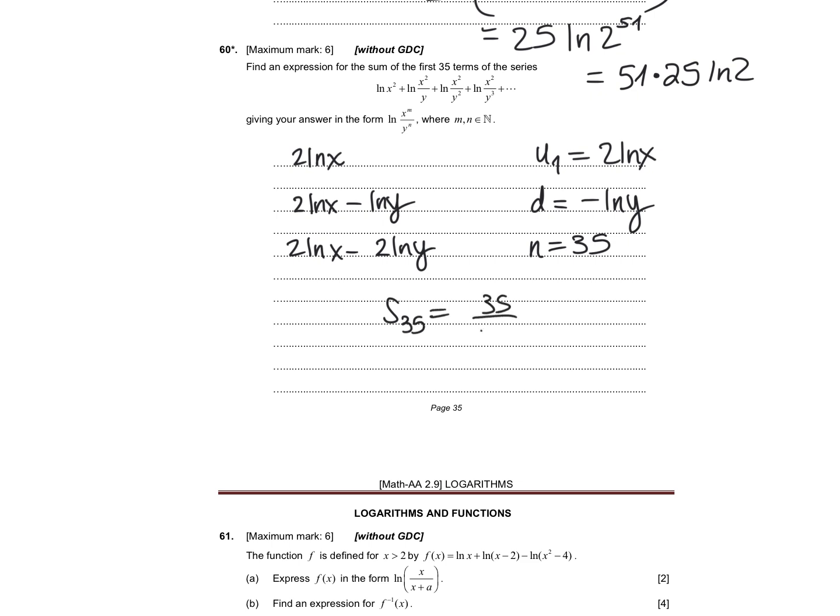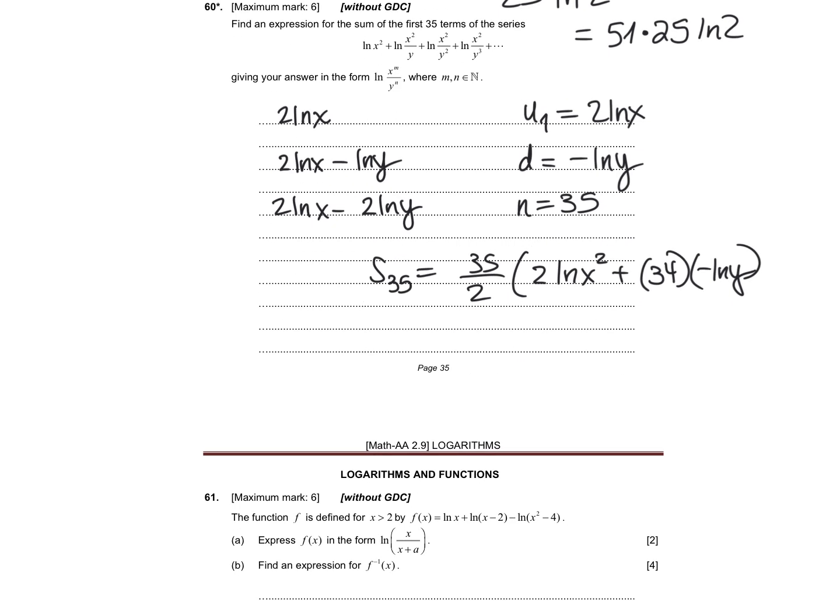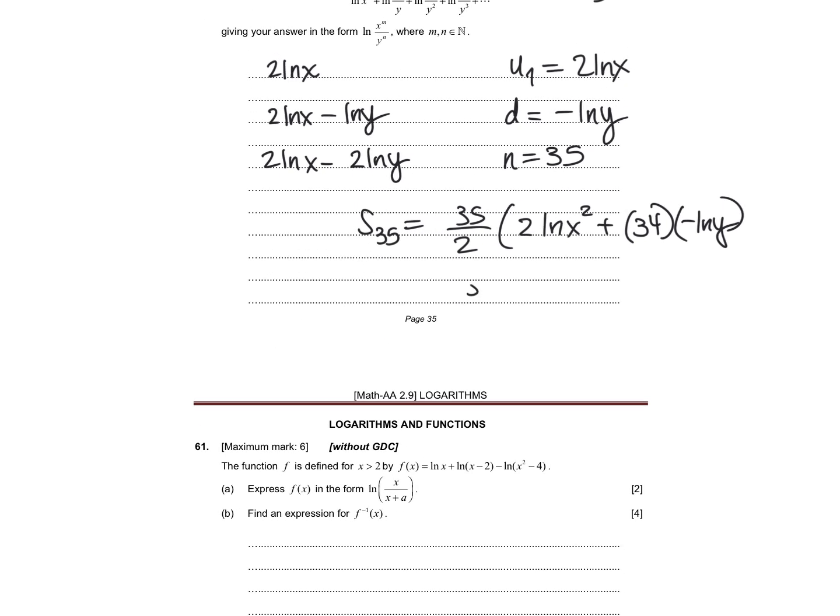35 over 2, 2 u1, I'm going to write it like that, plus n minus 1 times d. Okay, so now 35 over 2 natural log x to the 4th minus natural log y to the 34.